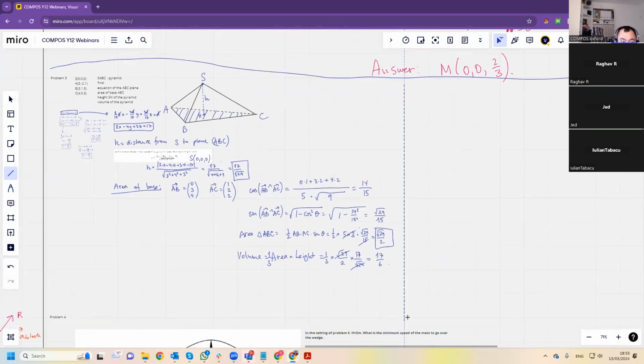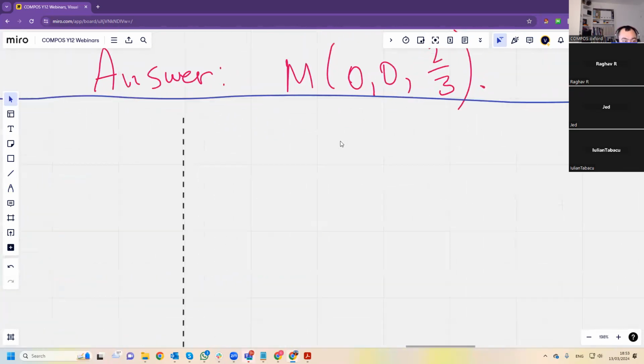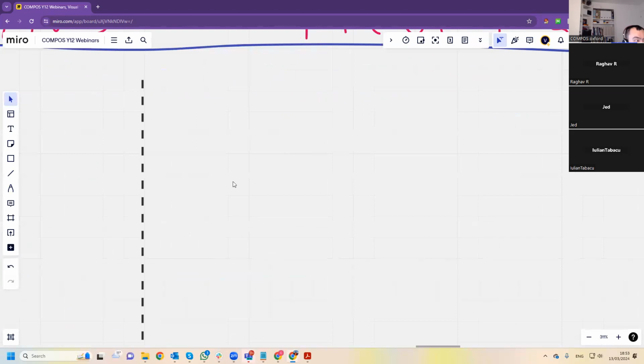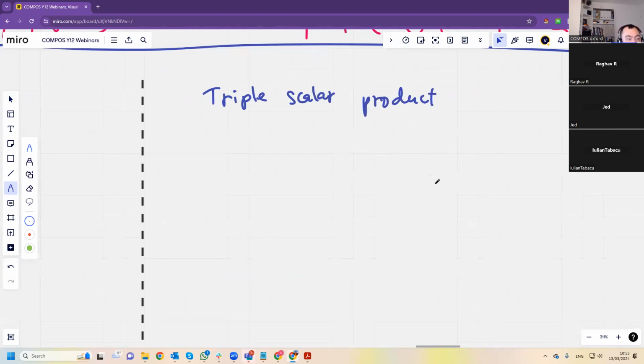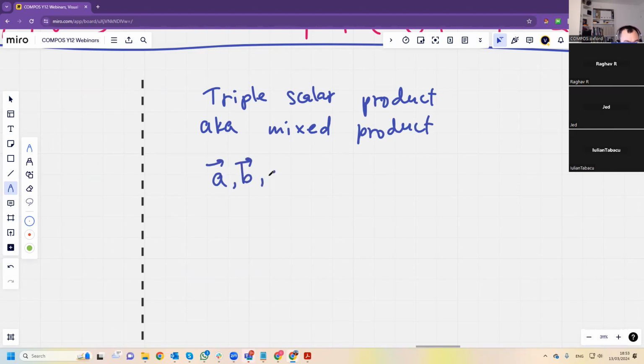It's also known as the triple product of vectors, triple scalar product, also known as mixed product. It's usually written as vector A, B, C, like this.